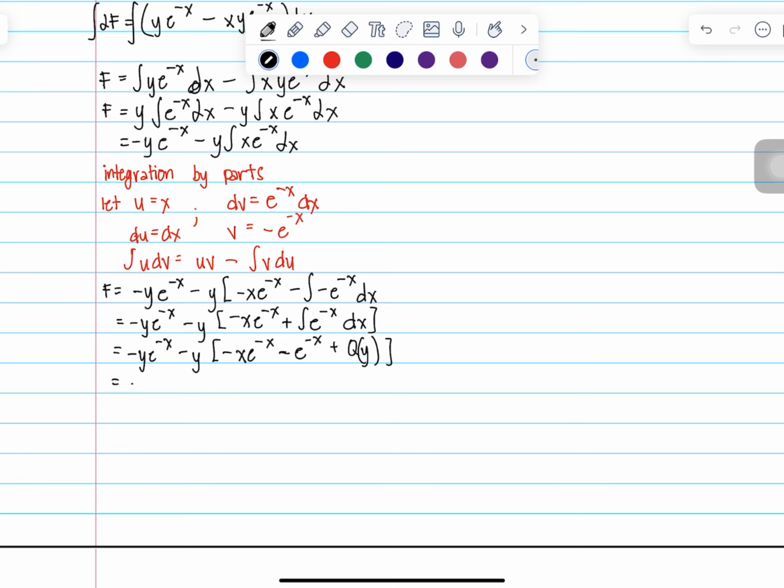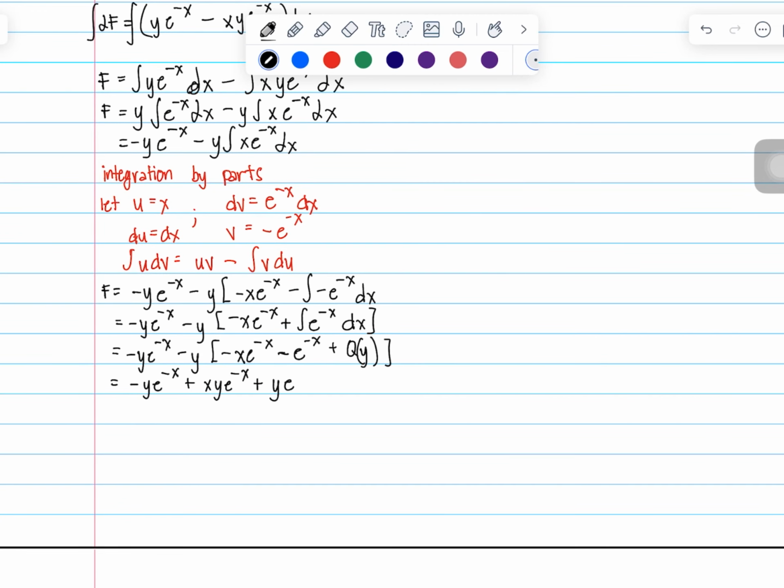So distributing, we have y e to the negative x minus, or negative y times negative, it's positive x y e to the negative x, plus y e to the negative x plus q of y, times y, it's still q of y.